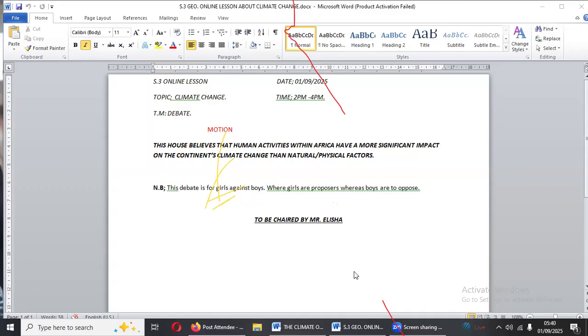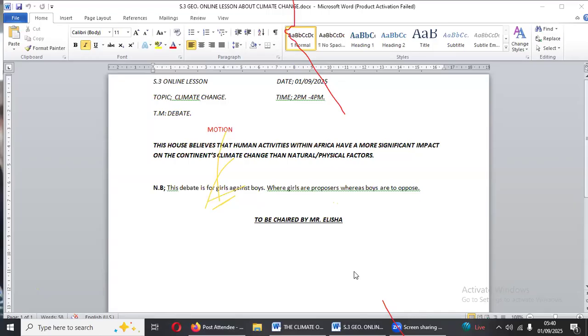What do I mean? That Africa, its natural factors give a great impact to the climate change. Like I'm sticking on this point of desertification. Having a vast land in Africa, we have deserts. We have most of the deserts in Africa.